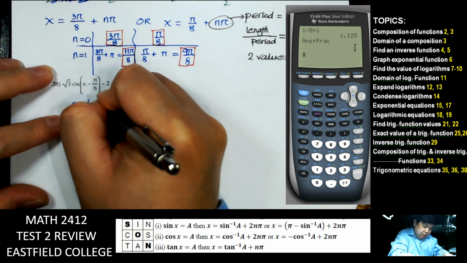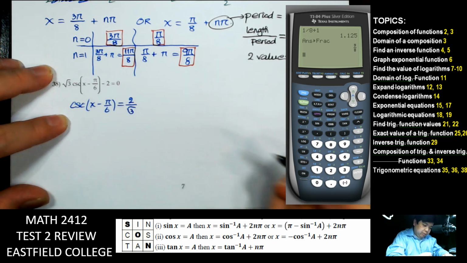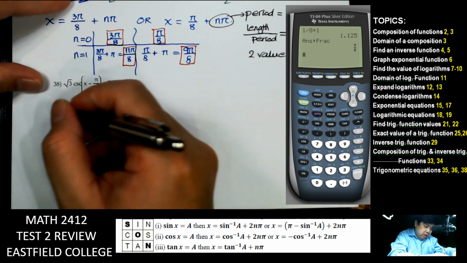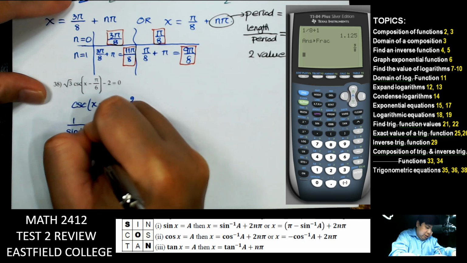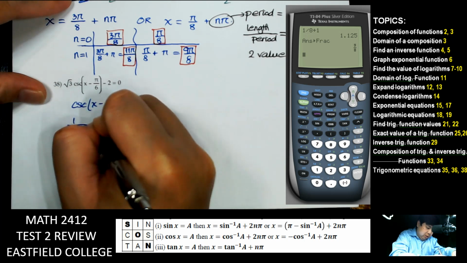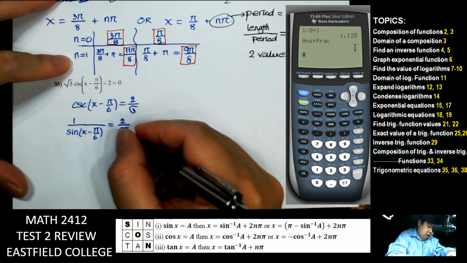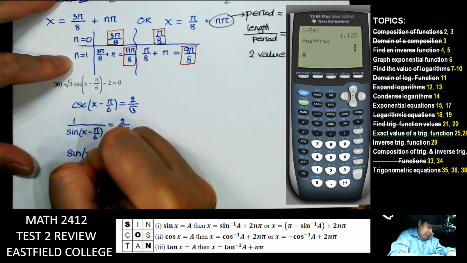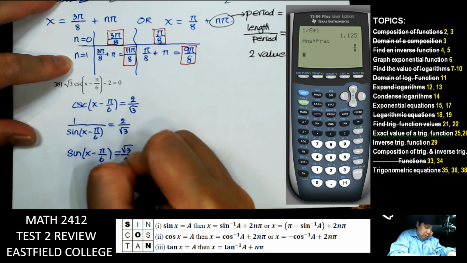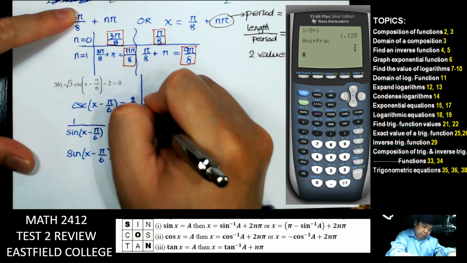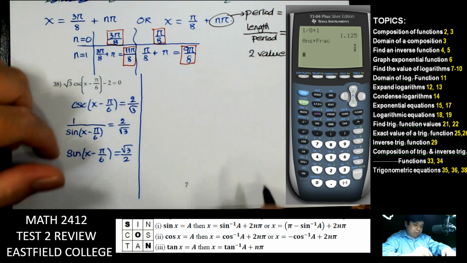So we should have cosecant of x minus pi over 6 is equal to 2 over square root of 3, and cosecant is 1 over sine, and reciprocal, so we're going to flip both sides. Now we have a trigonometric equation.